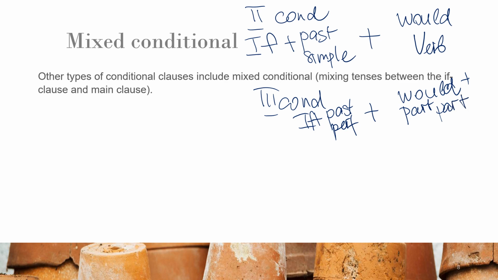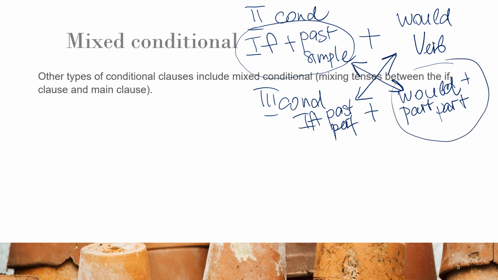So what you do in mixed conditional, you mix these parts. You take the if clause from the second conditional and you have would plus participle in the main clause. And the same here, you take the if plus past perfect for the if clause and go for would and verb in the main clause.